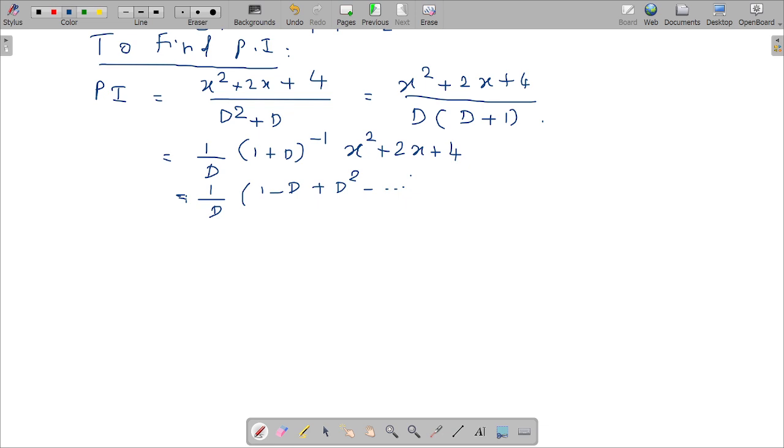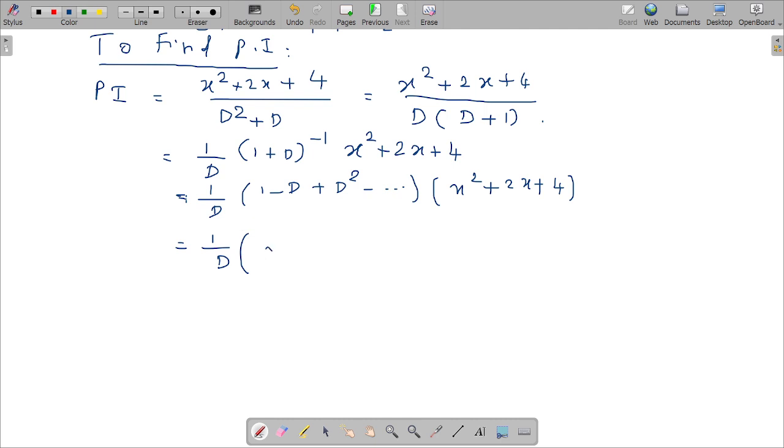So multiply (x square plus 2x plus 4) inside.